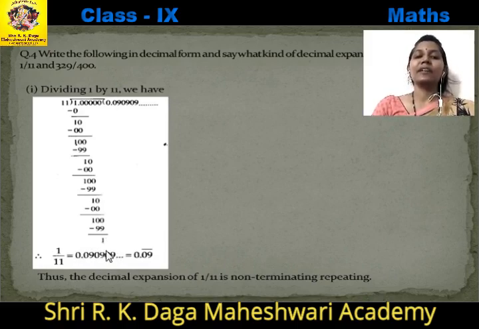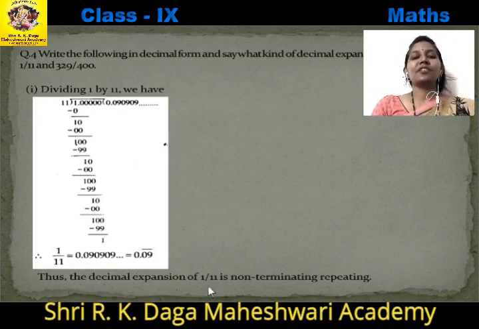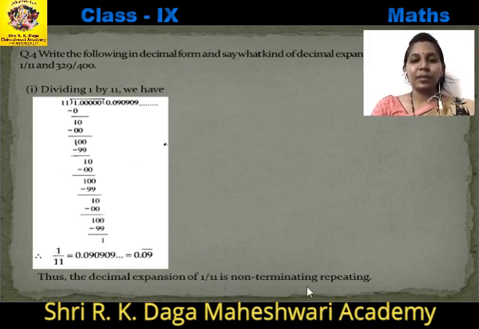The remainder is again 1 and so on. So the decimal expansion is non-terminating, but the digits, that is the answer, are repeating. You can see 0.090909. So this is a repeating decimal. The decimal expansion of 1 by 11 is a non-terminating and repeating decimal.